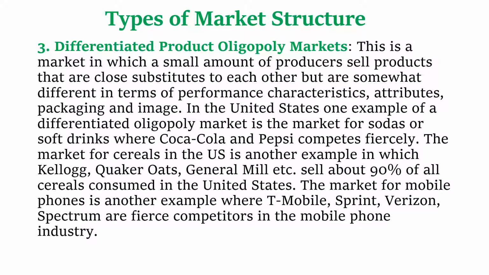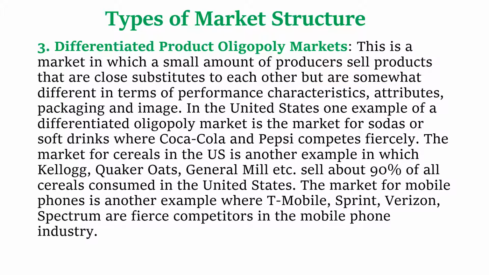Because of the share of these firms, they command a greater share of the market. We say that they are very large firms in the sense that they command a greater share of the US mobile phone market.